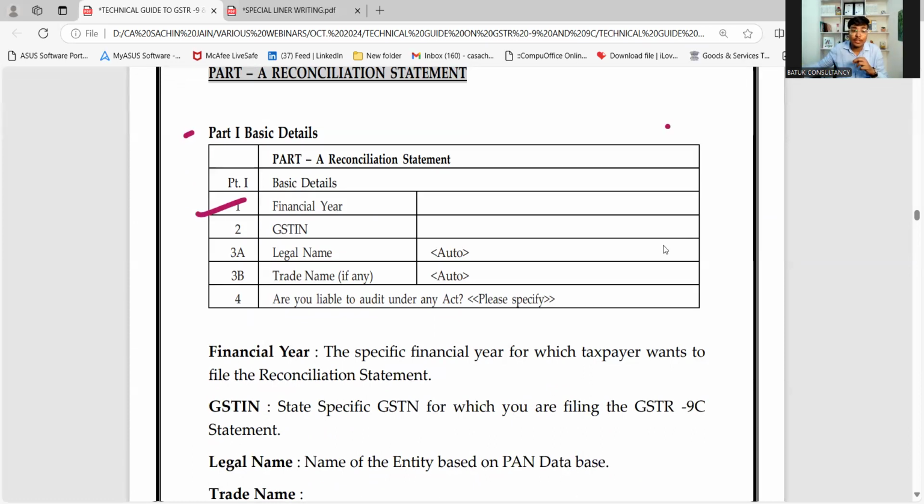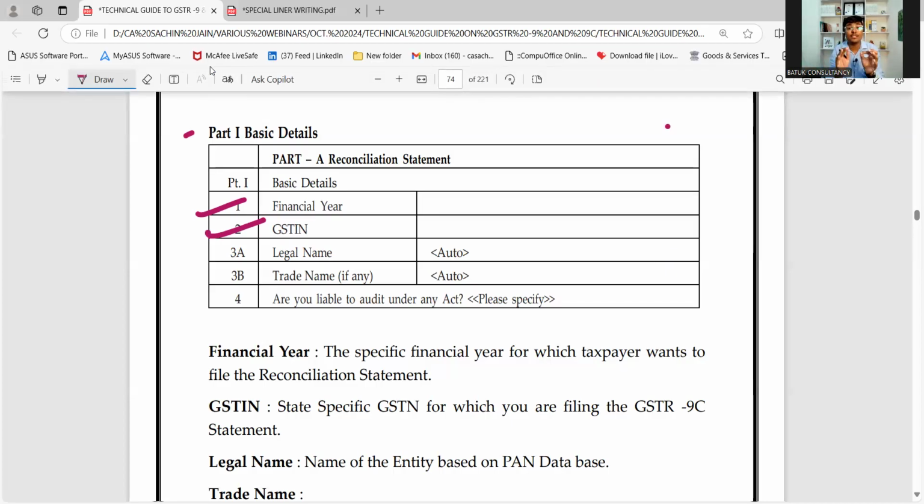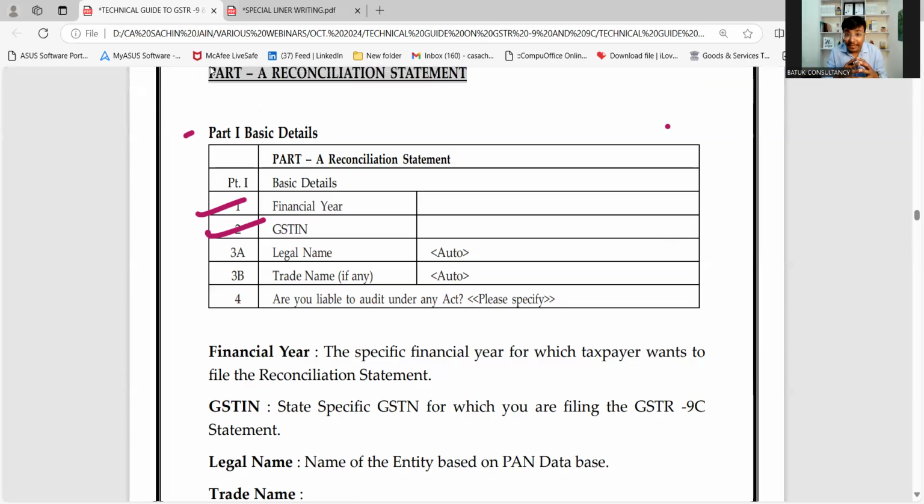As part of our discussion, I am briefly going to discuss the tabs of basic details. The first part is the financial year, the specific financial year for which you are filing this GSTR-9C, that is, the reconciliation statement. Then the GSTN of the entity for which you are filing this GSTR-9C, the legal name taken from your PAN card, and the trade name, if any. In this reconciliation statement, they are asking: are you liable to audit under any act, like the Companies Act or the Income Tax Act?